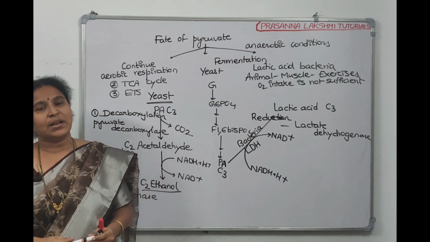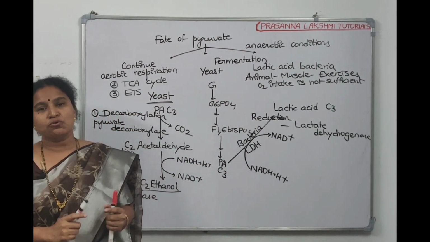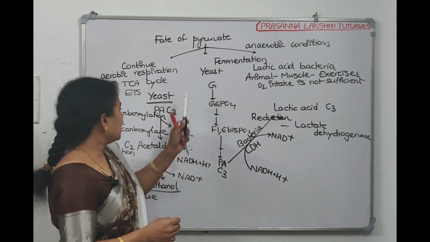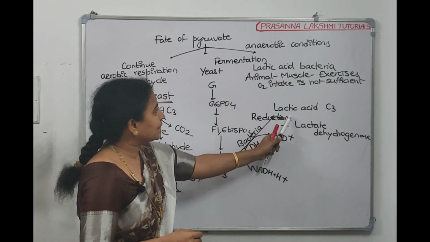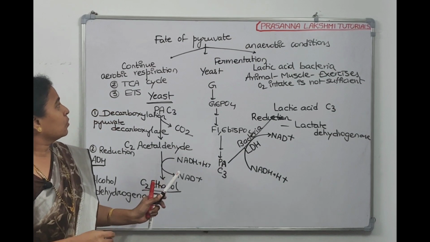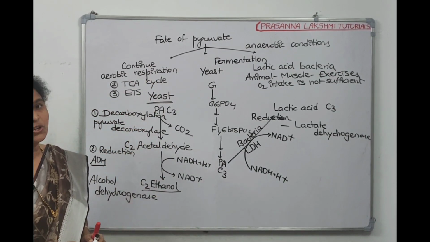Then pyruvic acid is reduced to lactic acid. So these two are fermentations. In yeast it is ethanol fermentation, in lactic acid bacteria it is lactic acid fermentation. And the third way is aerobic respiration.